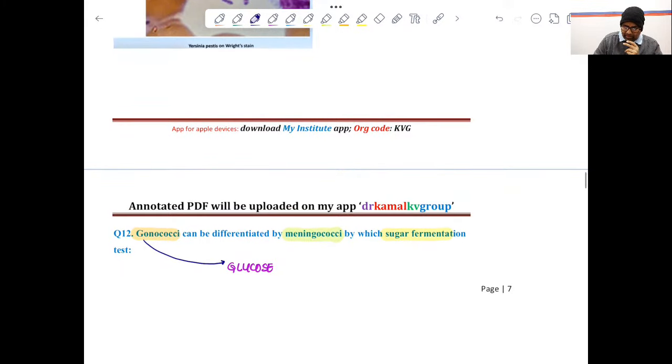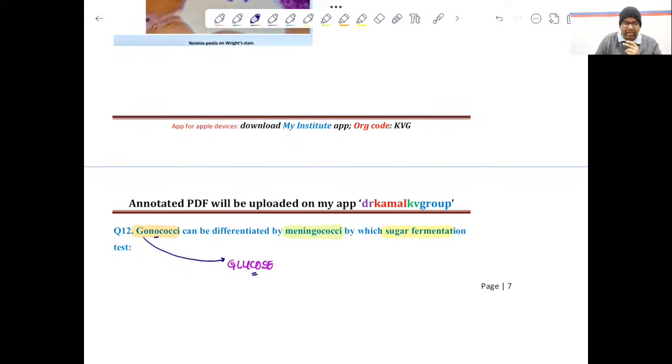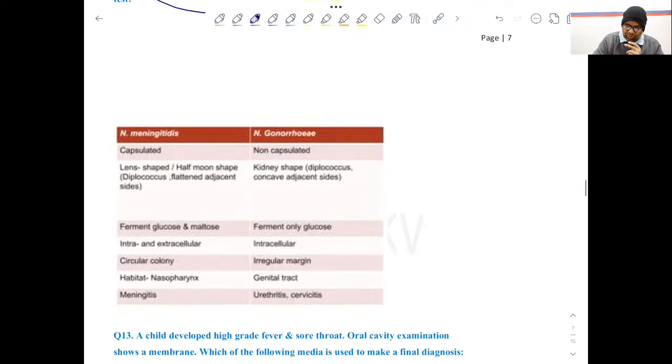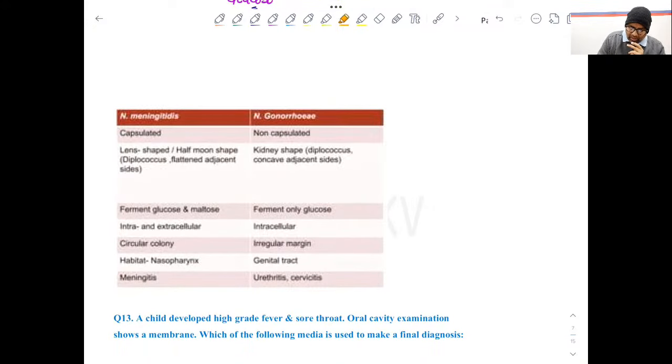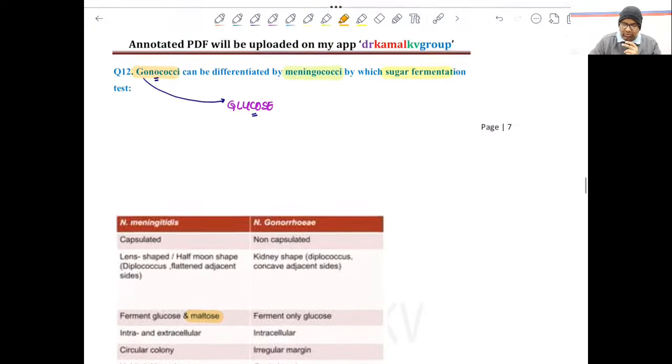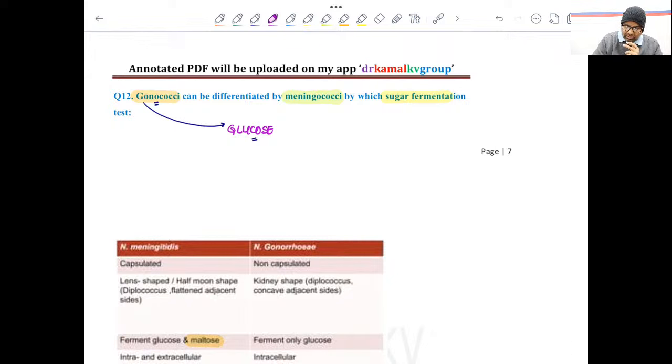So glucose is only fermented by Gonococci, and the other sugar, maltose, is also fermented by Meningococci. So glucose is common for both, and remember additional M here. So this is maltose. So glucose plus maltose, Meningococci, and only glucose is Gonococci, right?